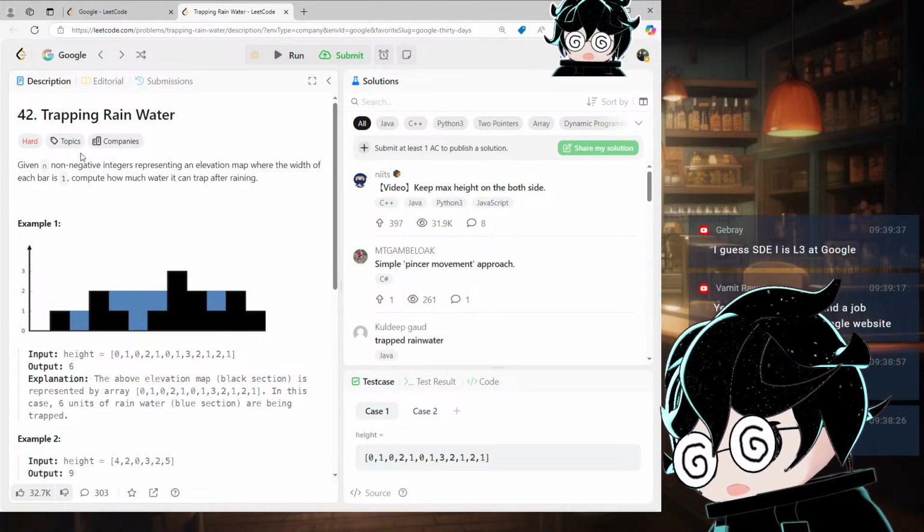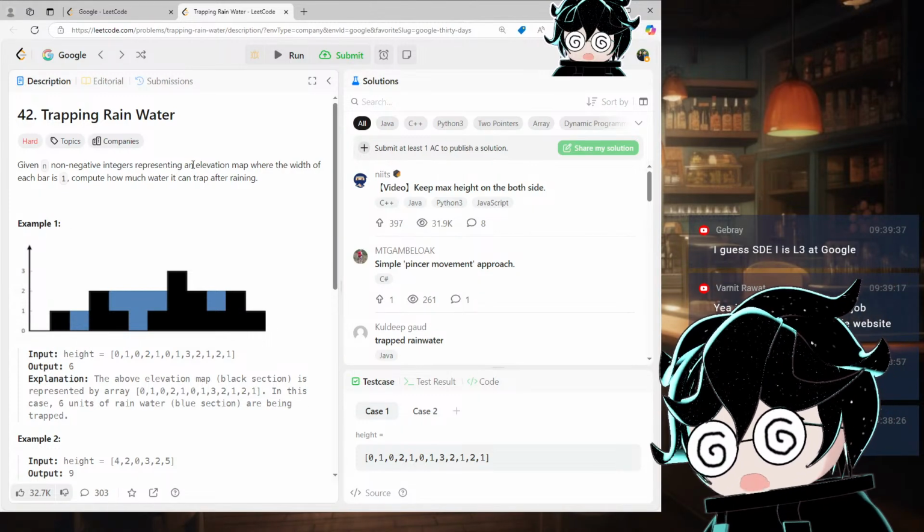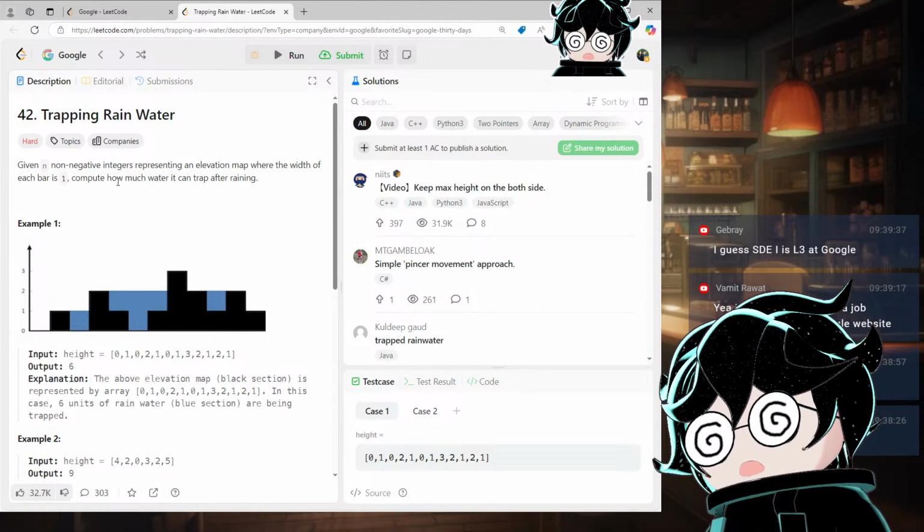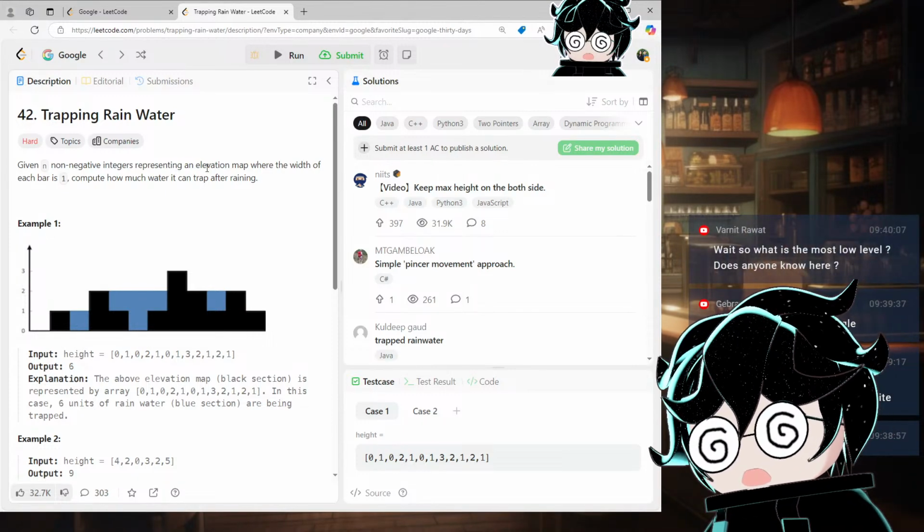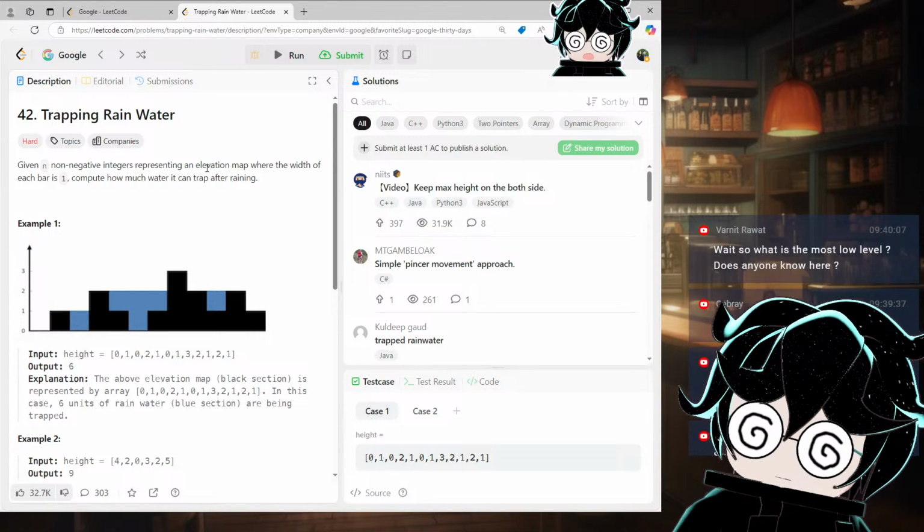Given n non-negative integers representing an elevation map where the width of each bar is 1, compute how much water it can trap after raining.